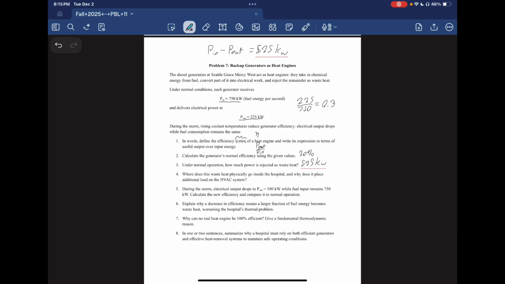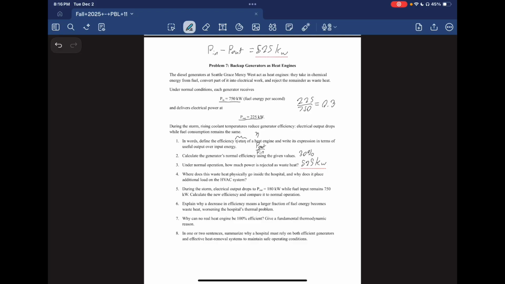Where does it go inside the hospital, and why does it place additional load? Well, directly it's going to go to wherever the waste heat from the generators is expunged, but if we assume this is just inside the generator room, and the HVAC system is relied on to remove it, then it's going to go all throughout the hospital because it's going to go initially into the generator room and then kind of seep through the walls and through the doors because the HVAC system isn't operating at very good capacity.